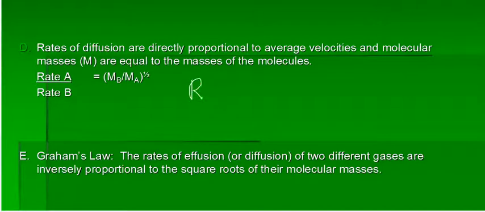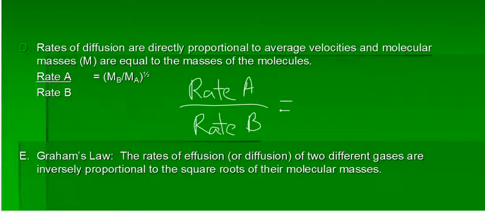The rate of gas A divided by the rate of gas B is inversely proportional to the square root of the molar masses. So if I want to compare the rates of effusion or diffusion of 2 gases, A or B, this is the equation for Graham's law.